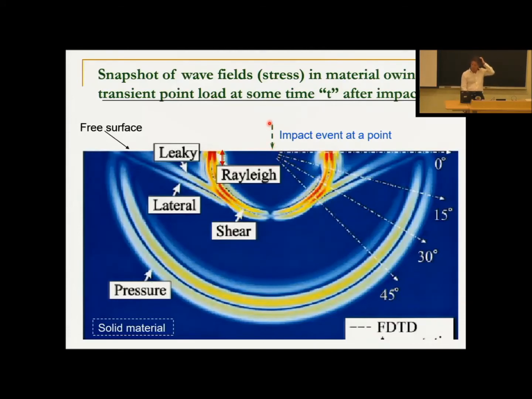What we see is that from an impact event on a solid from air, we have this hemispherical P wave front. It's the fastest one, so it's traveled farther. Behind that, about half as fast, is the hemispherical shear wave front. So the polarizations are different. These are polarized in this way, and these are polarized transversely, also out of the plane.